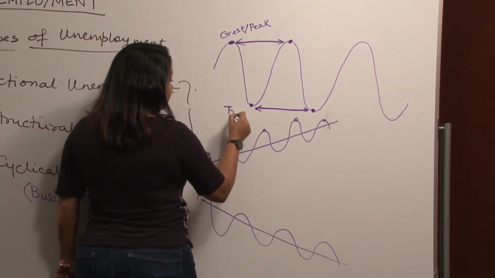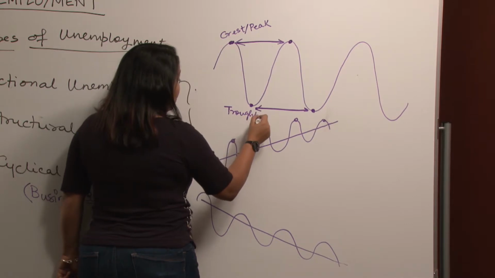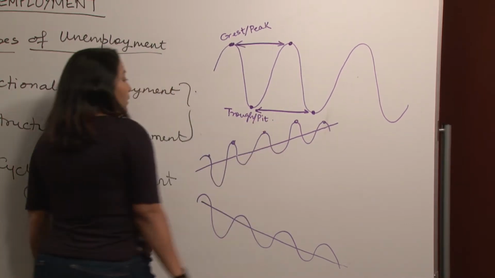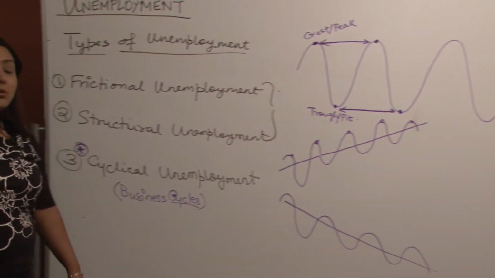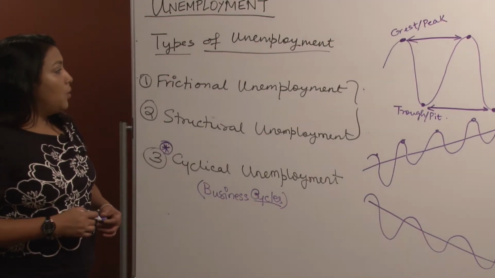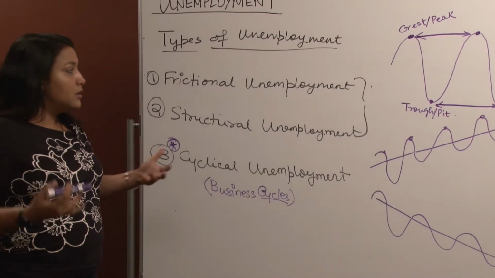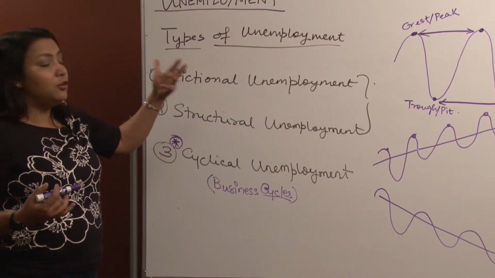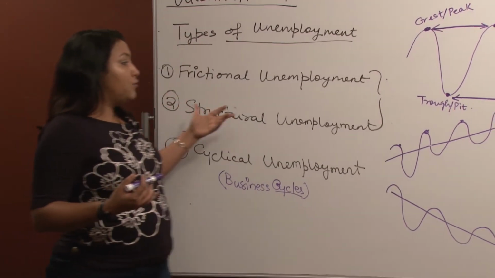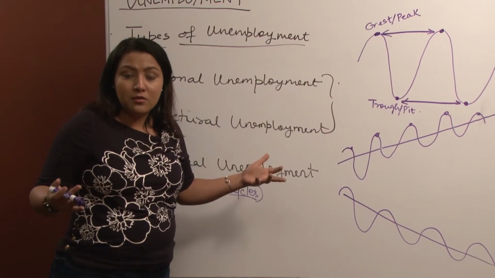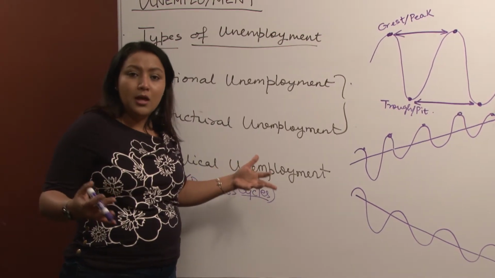That is a trough or a pit. And every economy will move that way. Now, how many years it might take to go from one peak to another peak, or from one trough to another trough, really depends on other conditions in the economy.